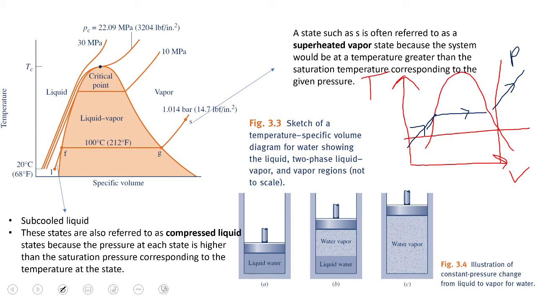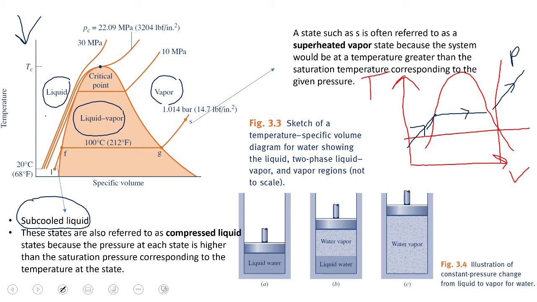The same thing has been drawn over here. So you have liquid region, liquid vapor, and vapor region. As we start heating, this region over here is called subcooled liquid, or you can say liquid.